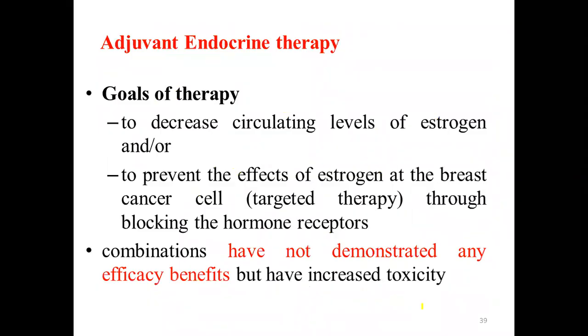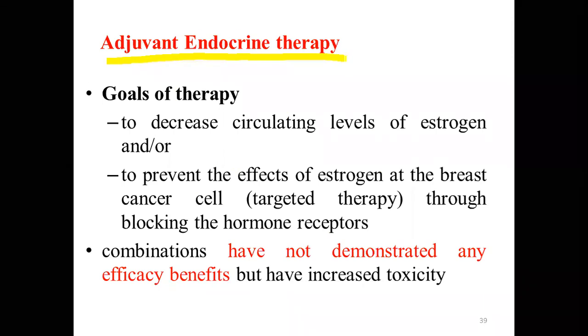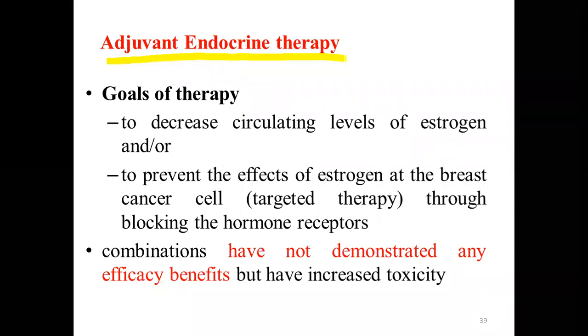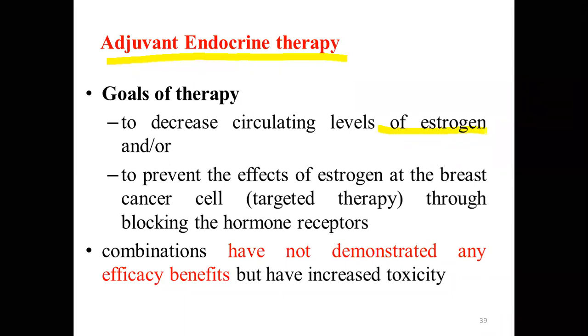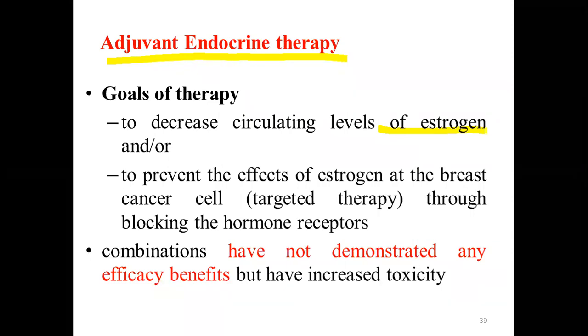Okay, now adjuvant endocrine therapies. Remember, those adjuvant endocrine therapies are mainly important in hormone receptor positive breast cancer. So the goal is we need to reduce the level of estrogen that is most likely a risk factor for that cancer. That is the approach we are going to use.